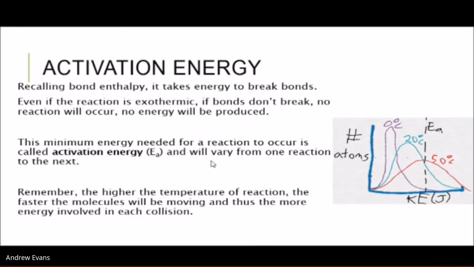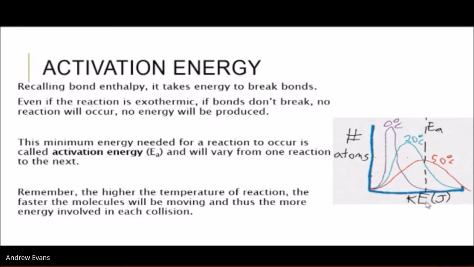But one thing we've got to remember is just like with gases in the kinetic molecular theory, the net energy is dependent on the temperature. At 0 degrees, the energy distribution is pretty low. At 20 degrees, it starts moving, and the gas molecules have to have energy above this threshold to react.